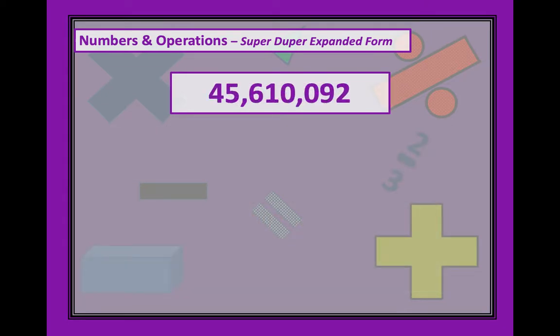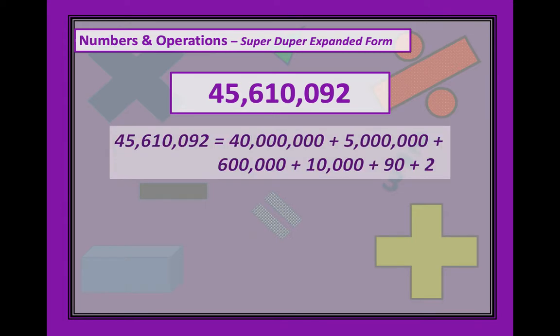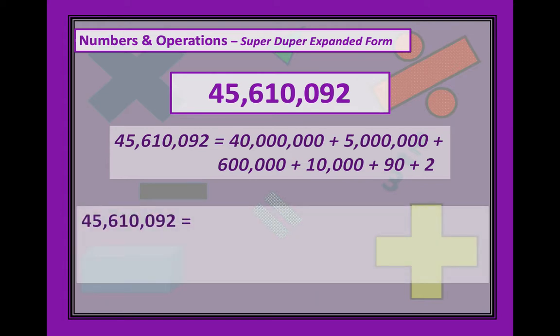Okay, in our next example, 45,610,092. Regular expanded form would add together the value of the digits, but super duper expanded form shows how you got that value.